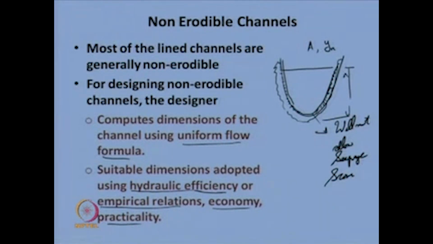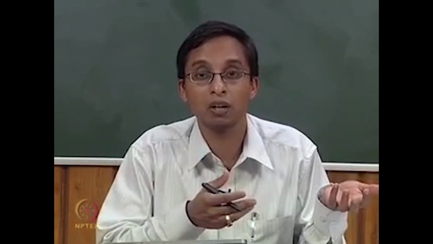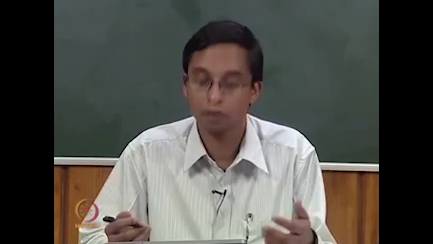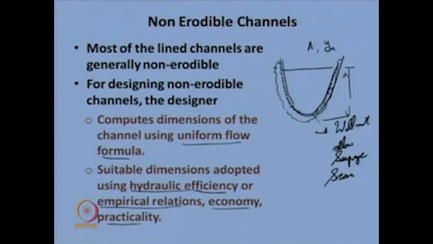Some of the most hydraulically efficient channels may not be able to be incorporated at ground level. You cannot construct such types of channels, and then there is no point in designing them. So, you have to see various practical conditions, whether it is economically feasible or not.